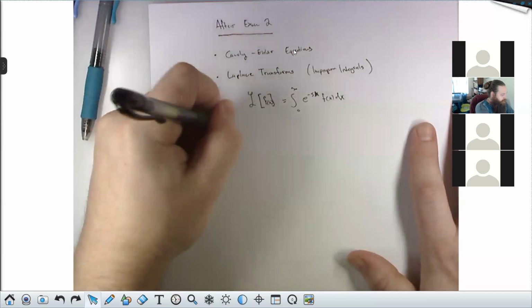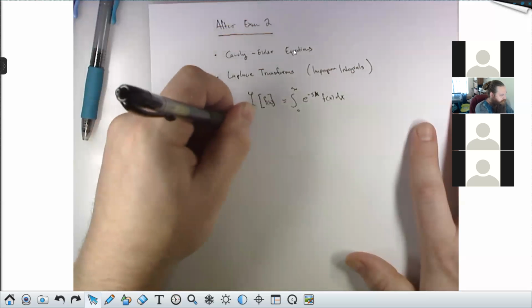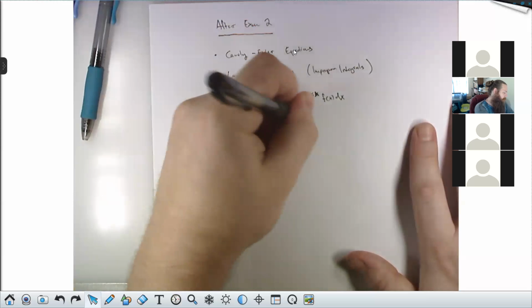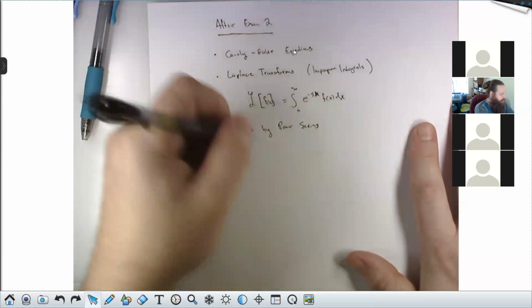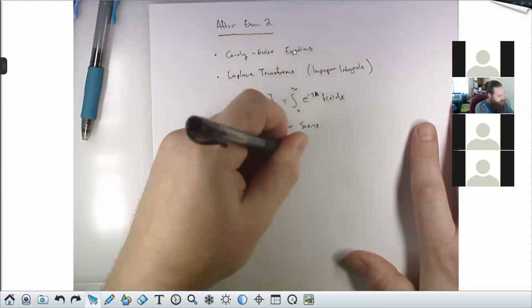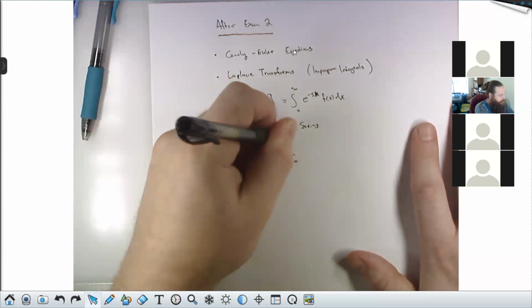And then the other thing is solutions by power series, specifically Taylor series. So we'll be using the stuff from Calc 2.